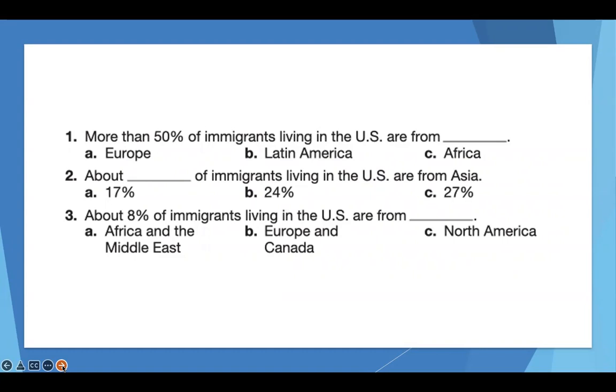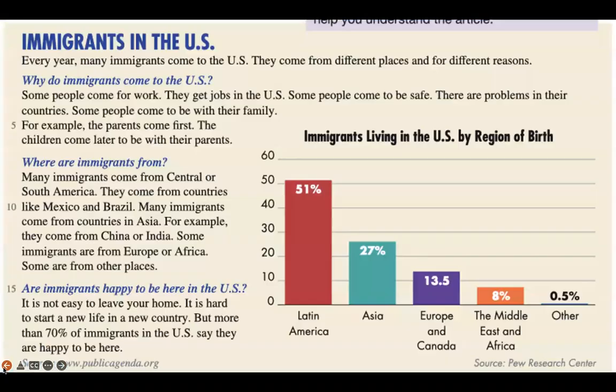About A, 17, B, 24, or C, 27% of immigrants living in the US are from Asia. About 8% of immigrants living in the US are from A, Africa and the Middle East, B, Europe and Canada, or C, North America. All right, now I will read the passage twice. If you are able, you can read along as I am reading.